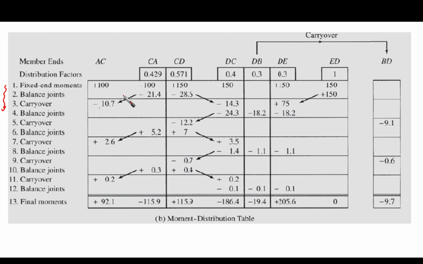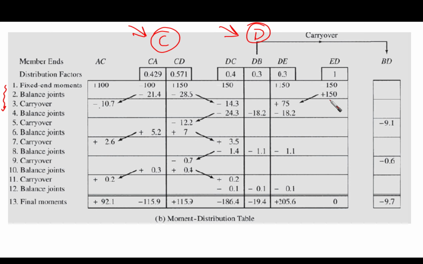So anyway, I'm going to highlight what we should do here. First of all, we need to balance 2 points, point C and point D. As we said, we make balancing for the free to rotate joints, which are joints C and D. However, joint A is fixed, so it is only going to receive carryovers, as you can see.